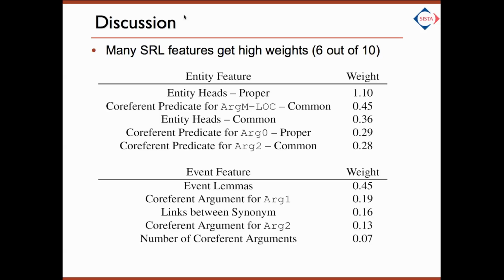Or if they serve as agents for the same predicate, and they're proper nouns. Right, and so on. So 6 out of the top 10 features use semantic role labeling. And that's important because semantic role labeling is the tool that allows you to link predicates with arguments, right? So it's essentially the scaffolding that allows you to build the incremental approach where you pass information from nouns to verbs.